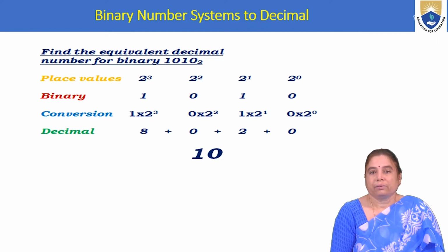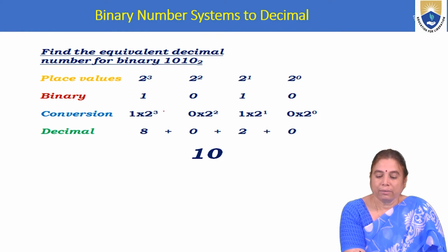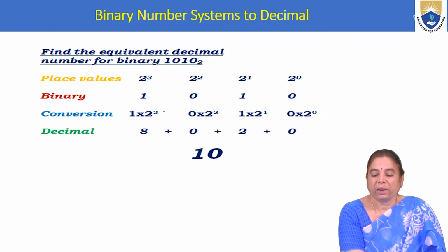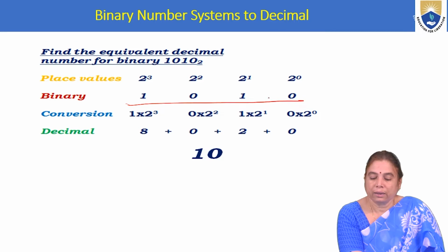How can the binary system to decimal conversion take place? We have to consider the digits, and here the unit place value of the concerned number system is used. For example, take 1010, a binary number. Each digit is multiplied with the unit value of that particular number system.